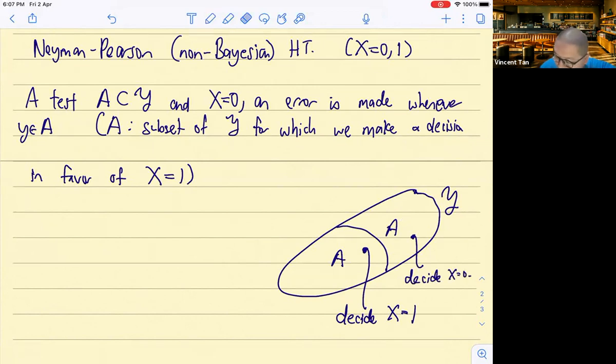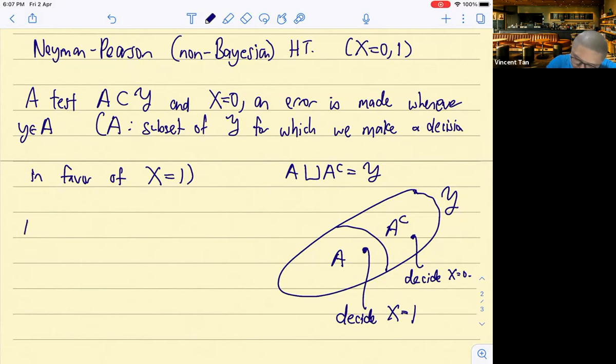Okay. So A and A complement form a partition of Y. Okay, and A is the decision region in favor of X is equal to 1. Okay, so there's just some convention.